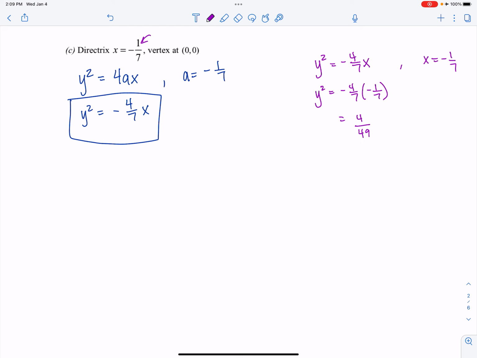And if we take the square root, y is plus or minus 2/7. So our 2 points are when x is -1/7, y is 2/7, and it's also -2/7.